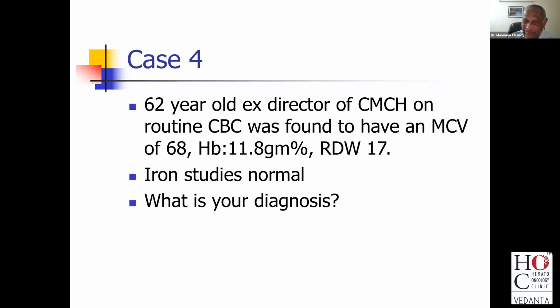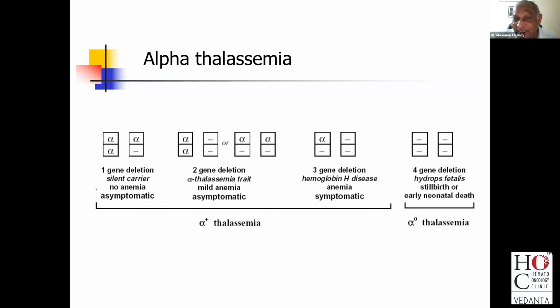The commonest cause of anemia in a 64-year-old person who's on a normal diet is a GI malignancy. So that's what I suspected. But lo and behold, when we checked, his MCV was low, but his iron was normal. He was a person with alpha thalassemia diagnosed at the age of 62.